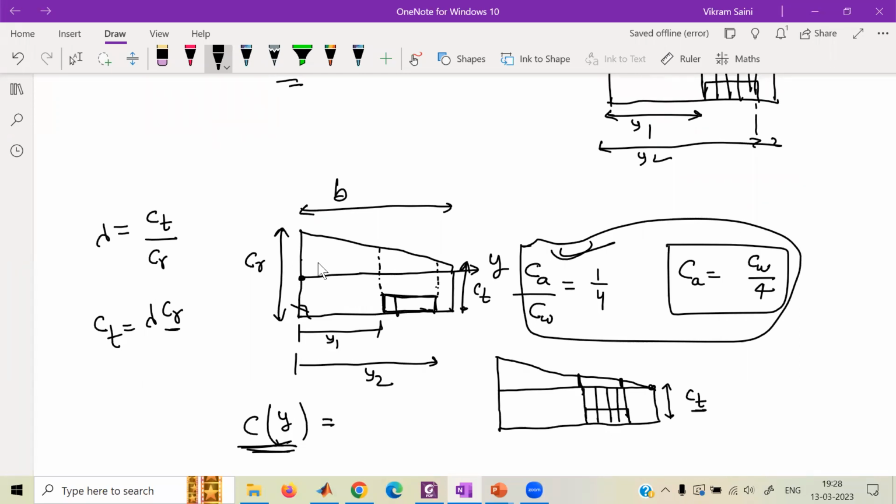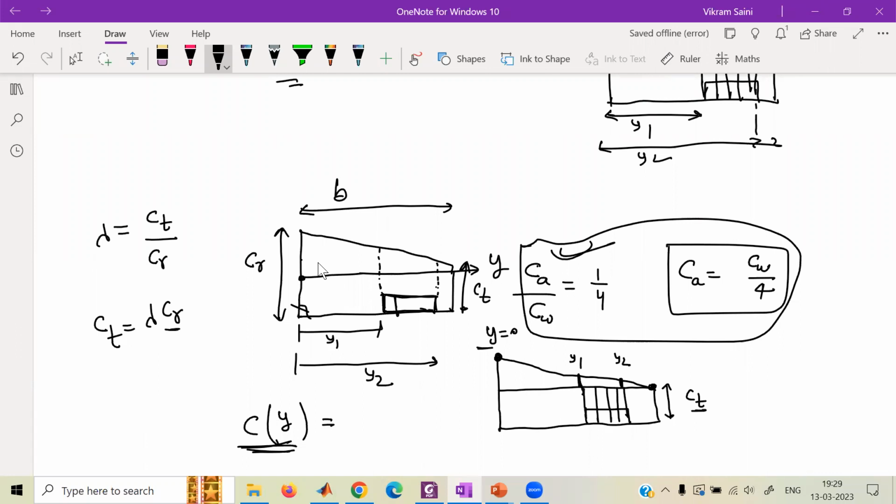So if I take the origin here, the origin of y equal to 0 is here, and y equal to y1 is here, y equal to y2 is here. So we have to find the expression from here. What is happening is that this length is decreasing.